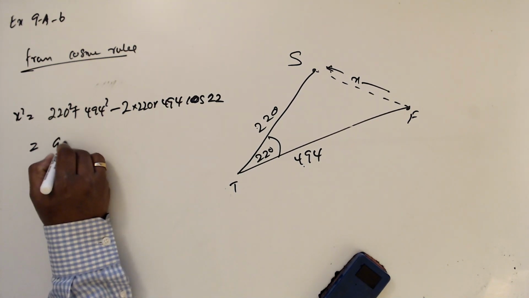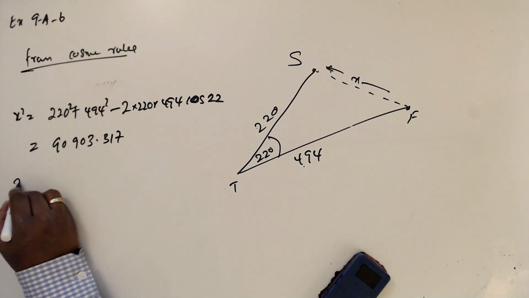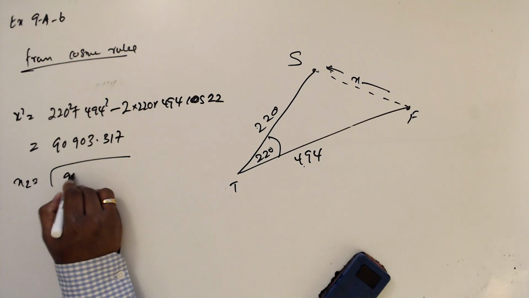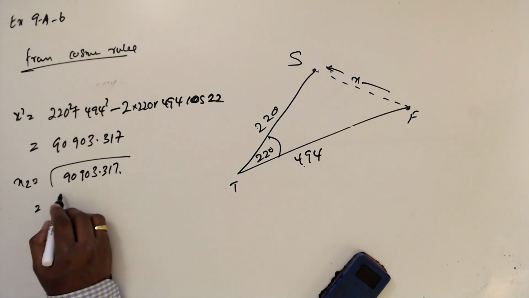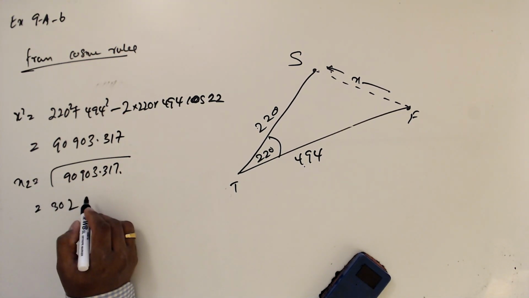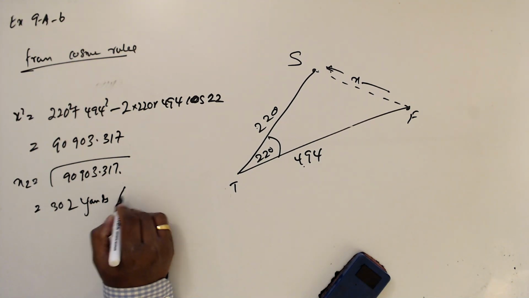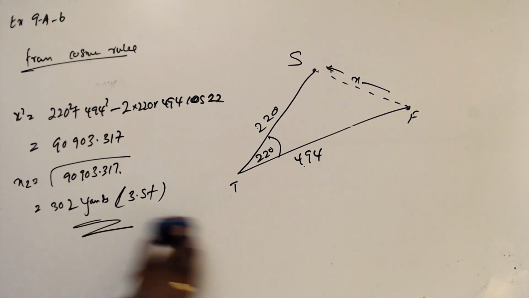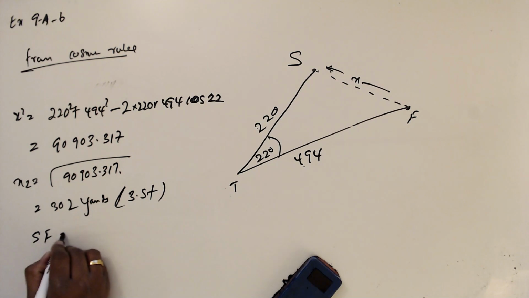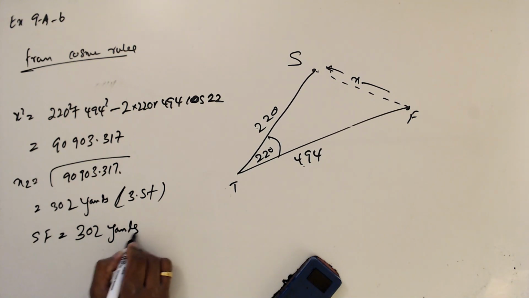This is going to be 90903.3117. Yes, X is the square root of this one. So this is going to be 302 yards approximately. That's why I have to write SF equals 302 yards.